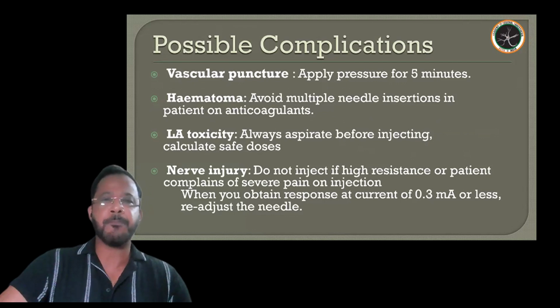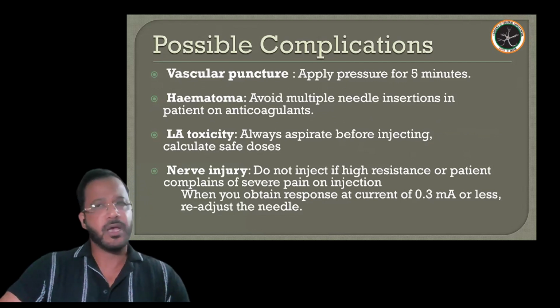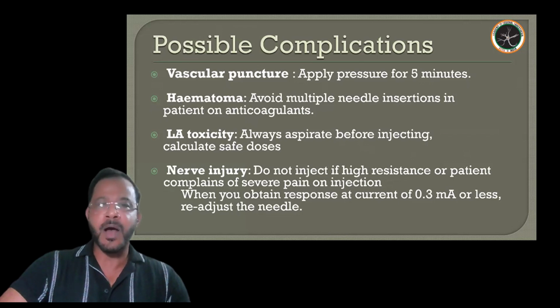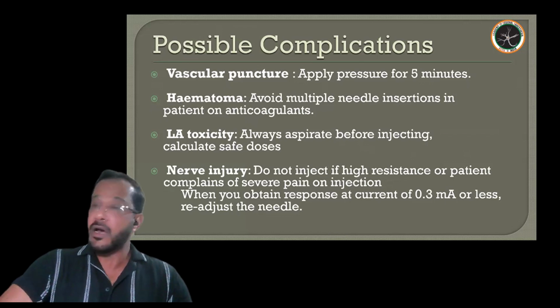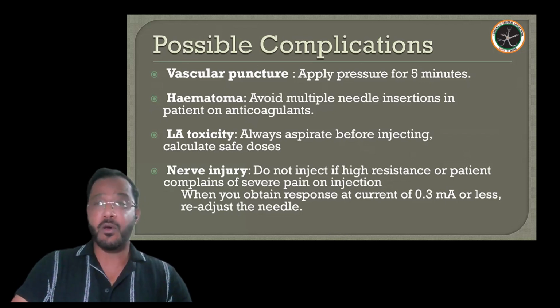So what are the possible complications with the axillary approach? Vascular puncture: apply pressure for 5 minutes. Hematoma: avoid multiple needle insertions in patients on anticoagulants. LA toxicity: always aspirate before injecting and always calculate the safe doses of local anesthetic. Nerve injury: because these nerves are quite superficial here, there are chances of nerve injury.